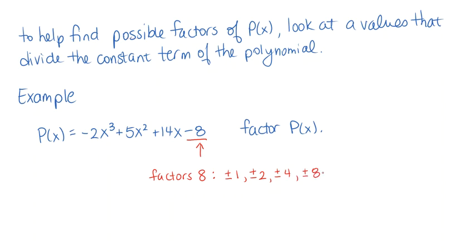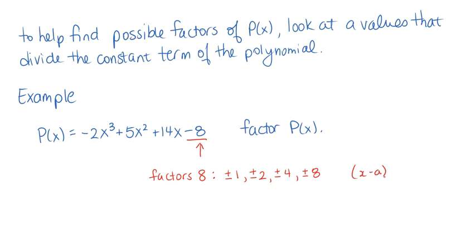So that means a factor of the form x minus a could be x minus 1, or x plus 1, or x minus 2, or x plus 2, and so on, as you go through all 8 of those possibilities.